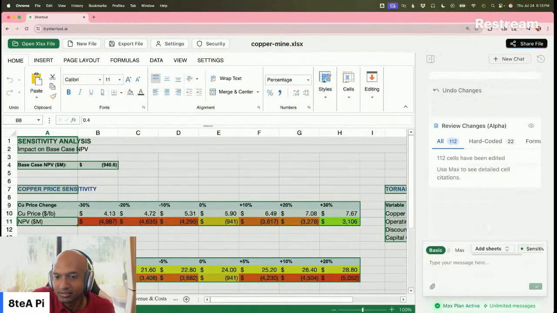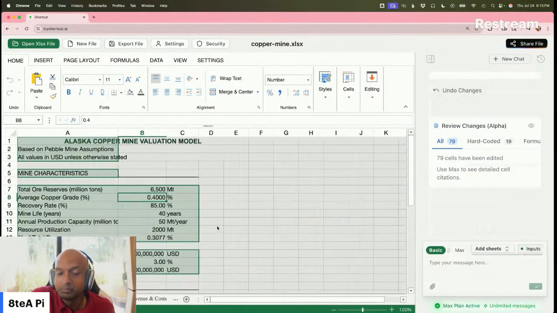All right. Let's look at the inputs page. That worked. All right. Now I'm relatively happy.